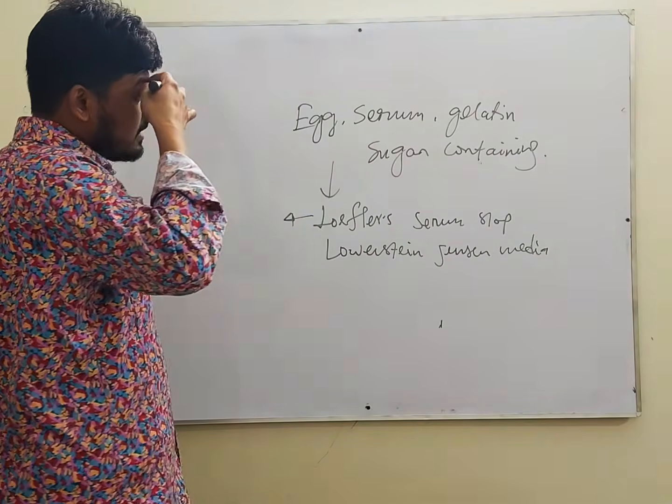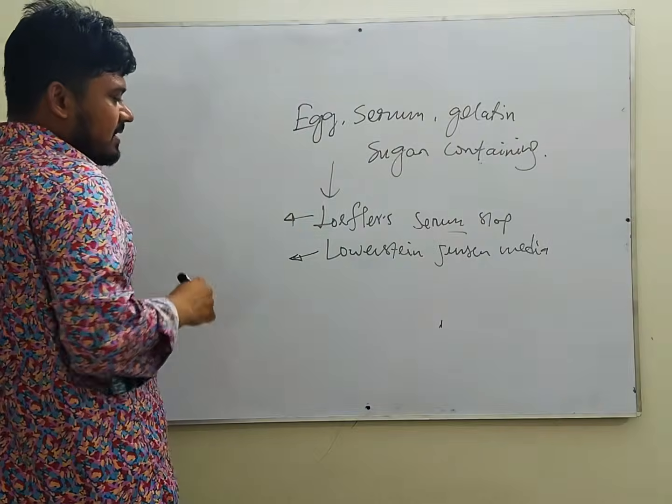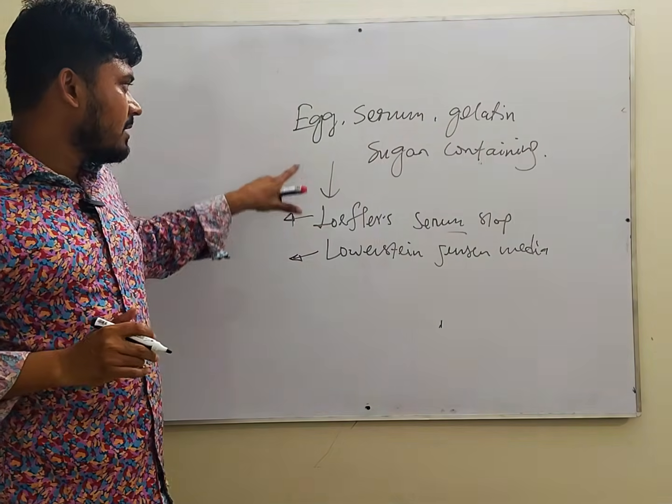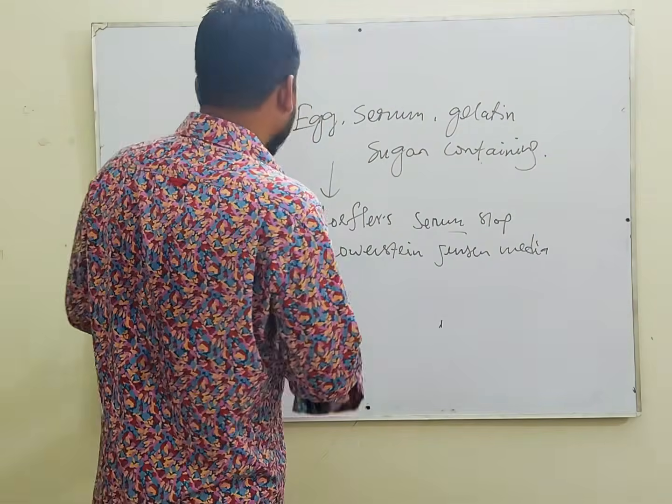Loeffler's serum slope, this media contains serum, and Lowenstein Jensen media is enriched media used for culture of Mycobacterium tuberculosis. Here egg is used. So these media are sterilized by Tindalization.